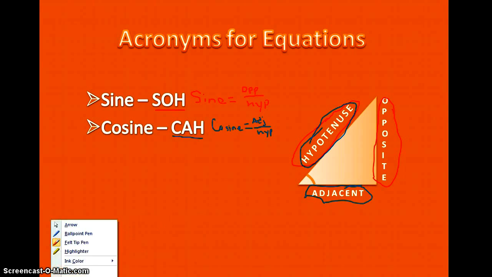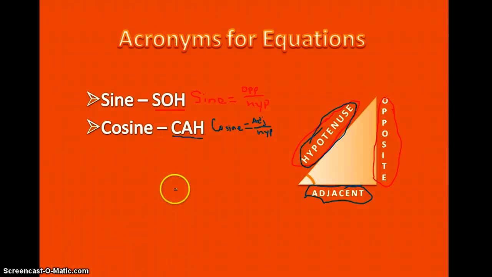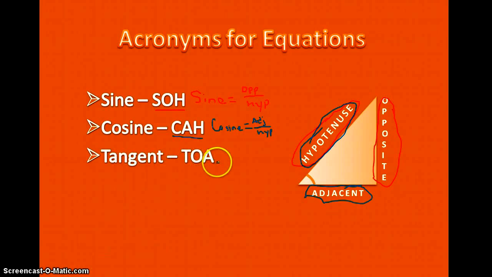Third and finally, we have our tangent, and tangent equals opposite over adjacent.